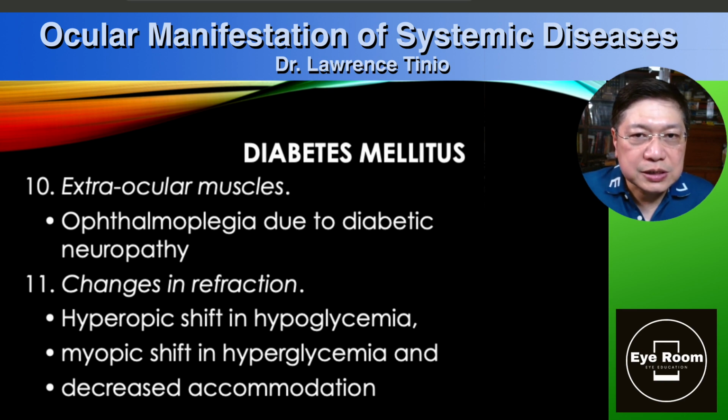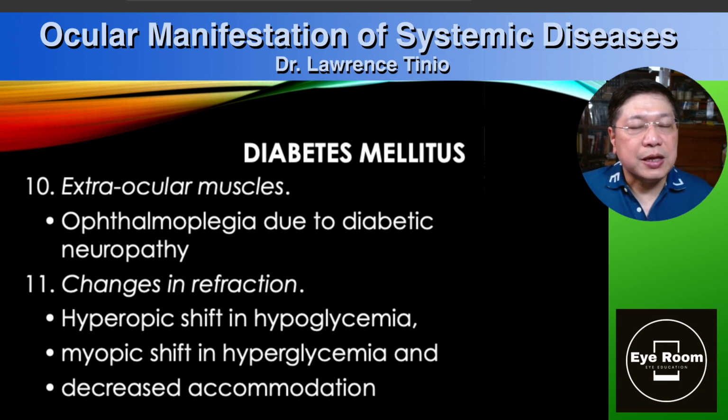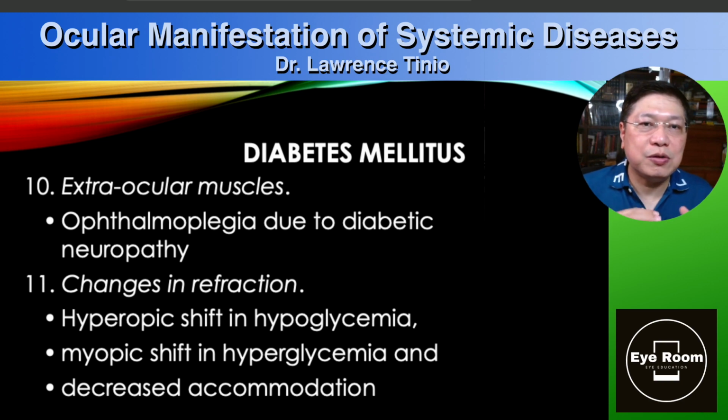There is now increased incidence of ophthalmoplegia, again because of the problems in the nerves from your diabetes, and your refraction will change very, very often. There is a hyperopic shift in hypoglycemia and a myopic shift in hyperglycemia, because usually this sugar will find itself going into your lens, bloating the lens, and increasing your nearsightedness.